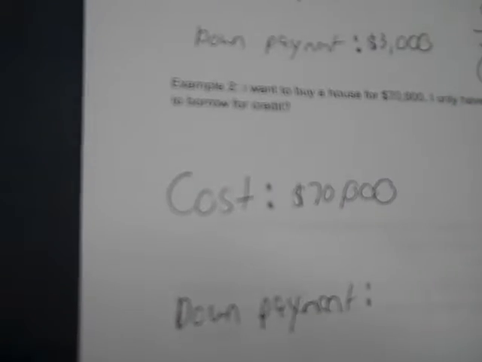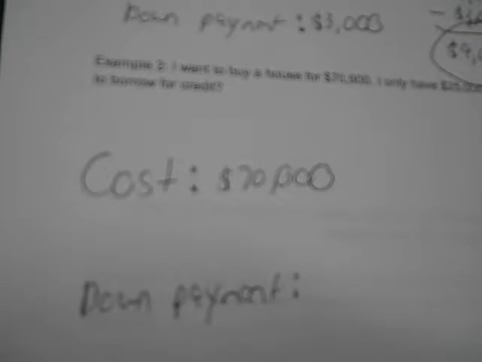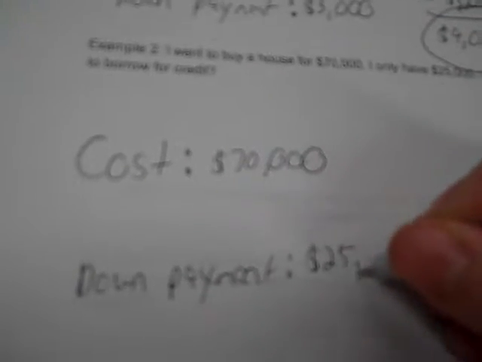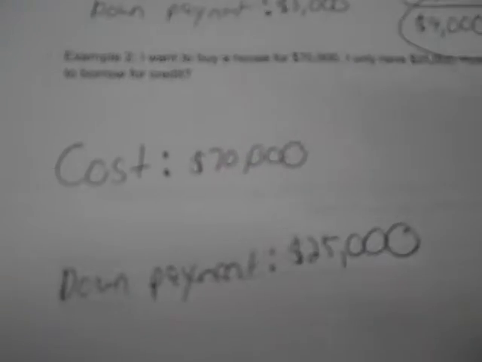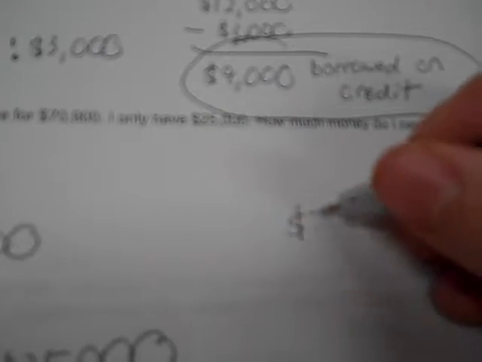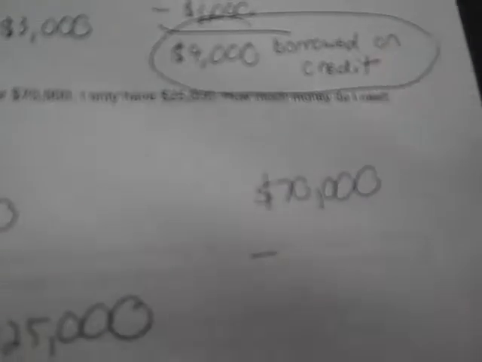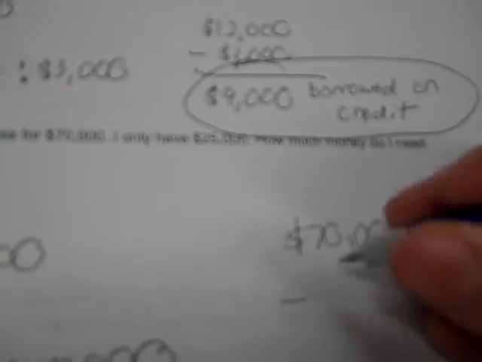I don't have enough money to pay $70,000, but the down payment's how much I can pay. I can pay $25,000. So it costs that much. I have this much. So how much money do I need to come up with to borrow? Gee, I wish somebody'd give it to me, but they're not going to. Okay, I have to borrow. It means I'm going to pay it back. But I have to borrow it.